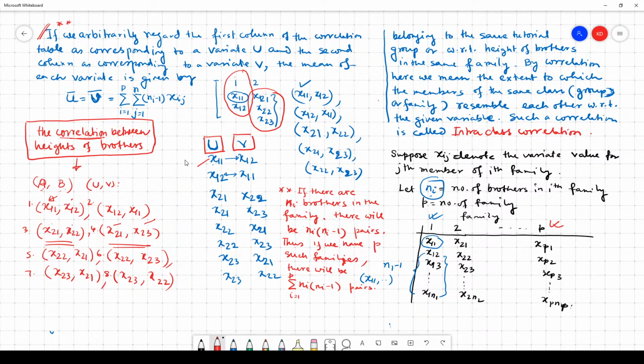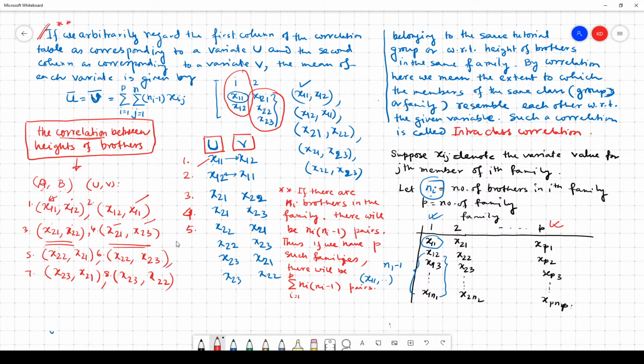For the first pair, u is x11 and v is x12. For the second pair, u is x12 and v is x11. For the third pair, u is x21 and v is x22, and for the fourth pair, u is x21 and v is x23.